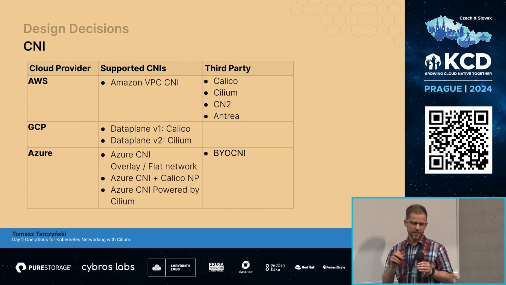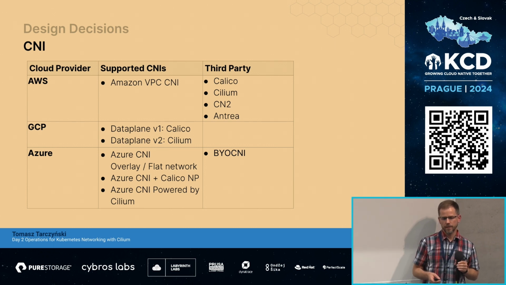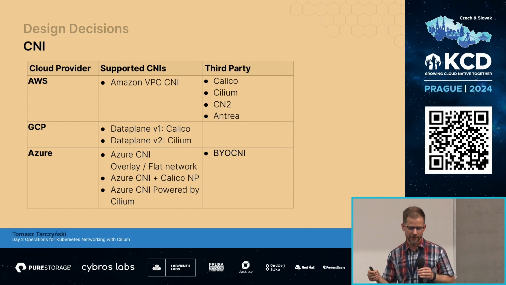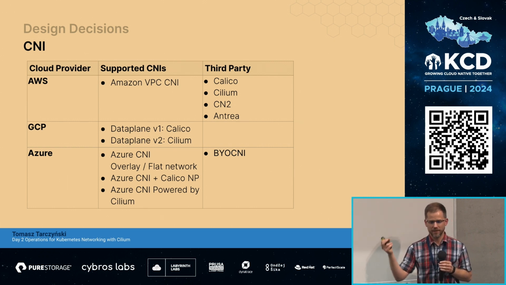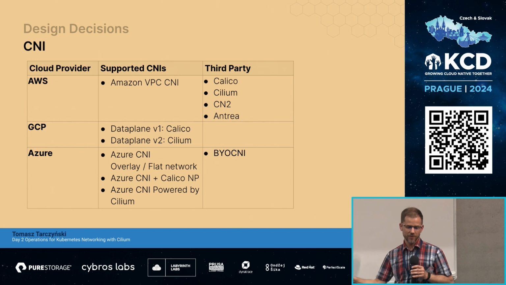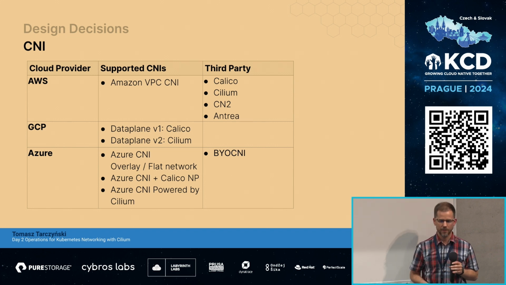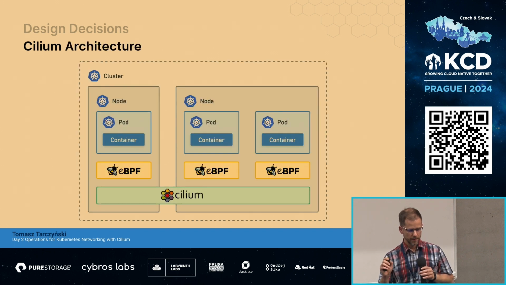And those providers also let you choose your own CNI. It differs from one to another. For example, AWS specifically lists the 4 Amazon partners that they also recommend you choose between. In Azure, you have an option to bring your own CNI setup and then configure whatever you choose.